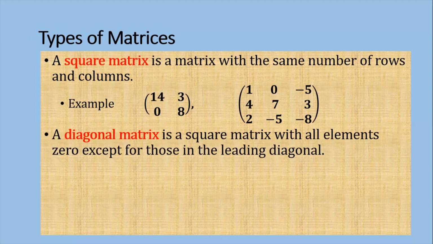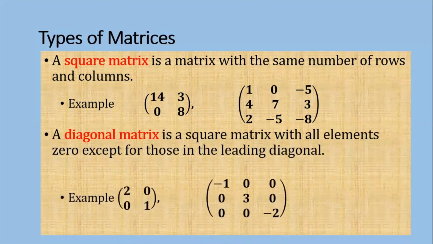So what does that mean? We know that a diagonal matrix is a square matrix, right? You know that a square matrix has the same number of rows and the same number of columns. So the first one, this is a 2 by 2 matrix, which is a square matrix. Now, look at the leading diagonal.